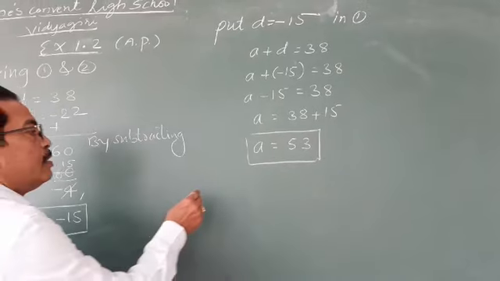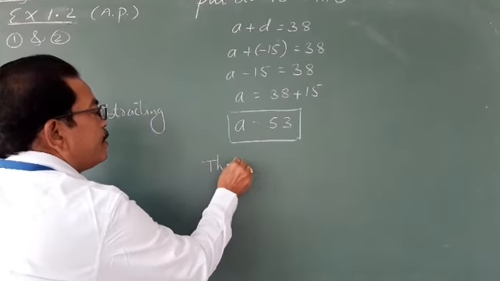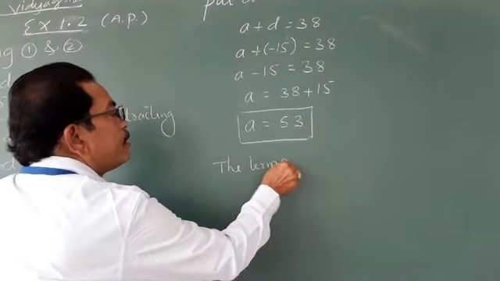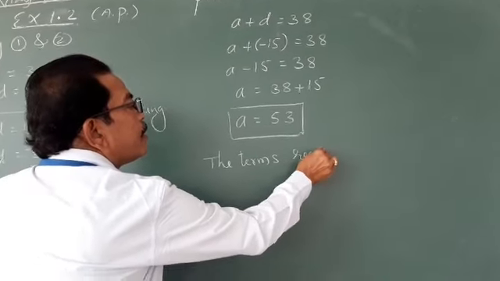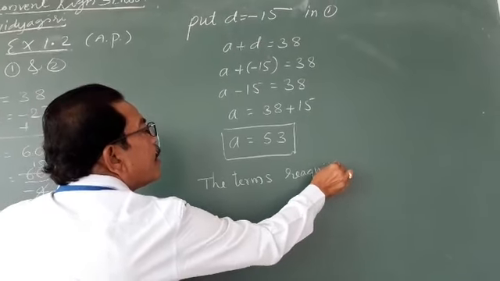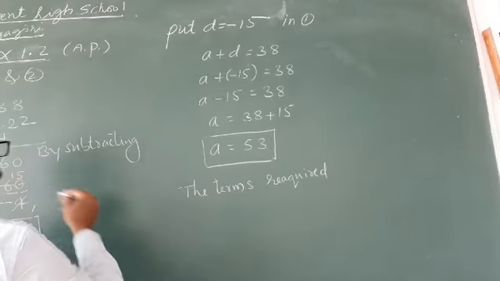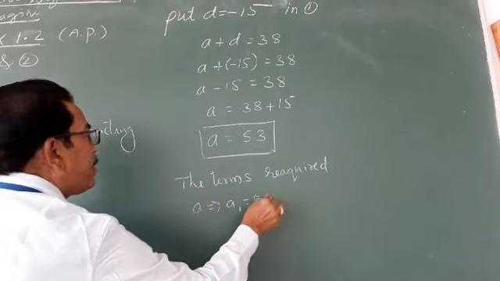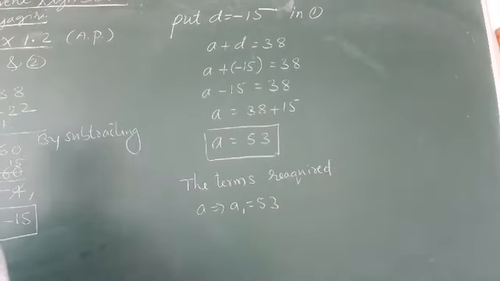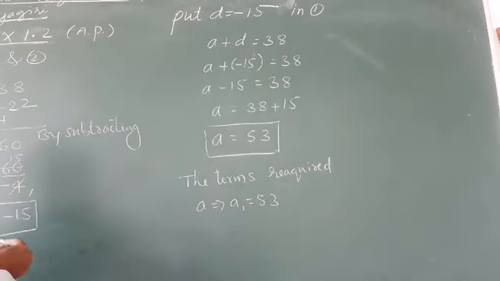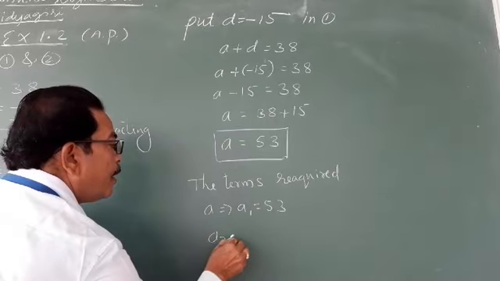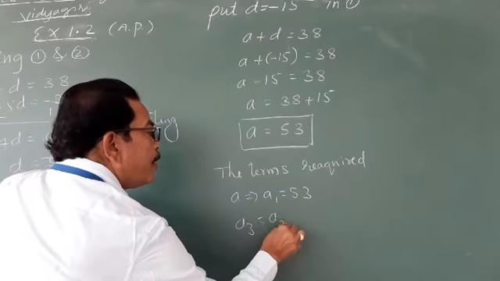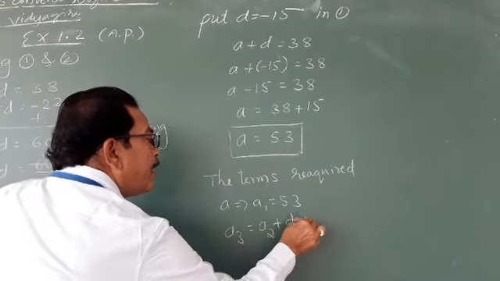Next, the terms required. a implies A1, that equals 53. Then A3 is A2 plus d.